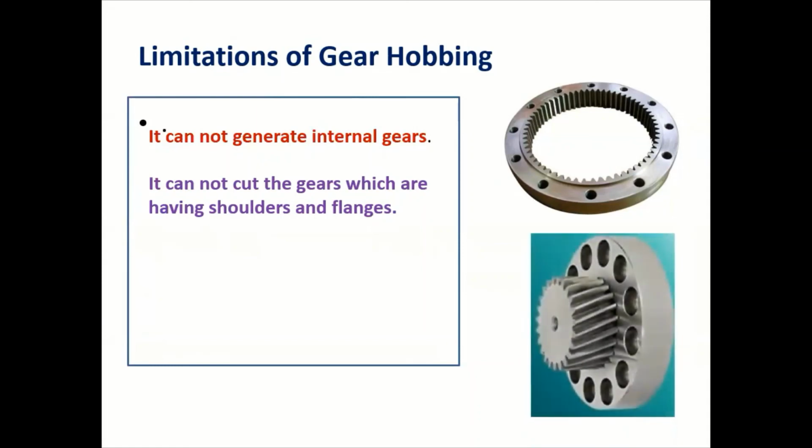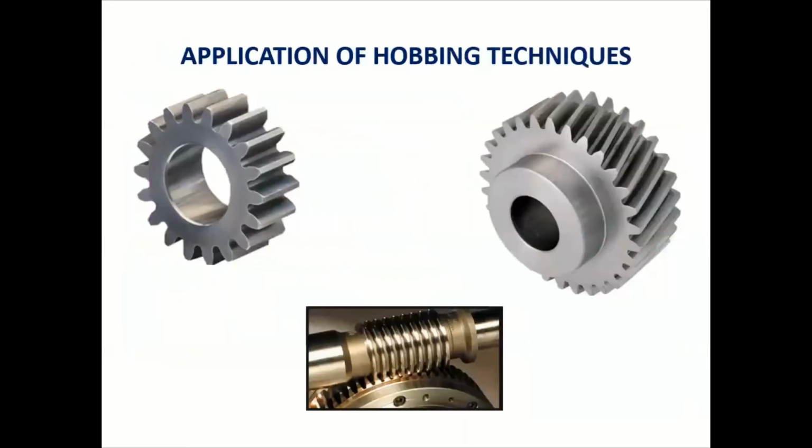If the gear has a flange like this, we can't generate the teeth on the gear blank, otherwise the cutter will make a dash over this flange. It also cannot produce unsymmetrical shapes, meaning anything other than cylindrical is not possible in gear hobbing. These are the three major limitations of the gear hobbing process.